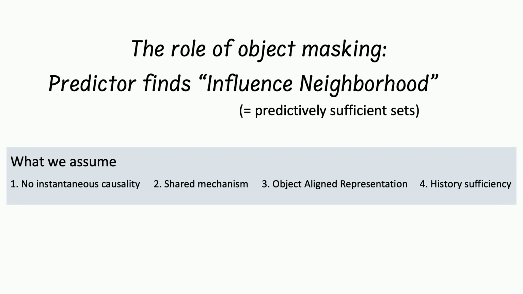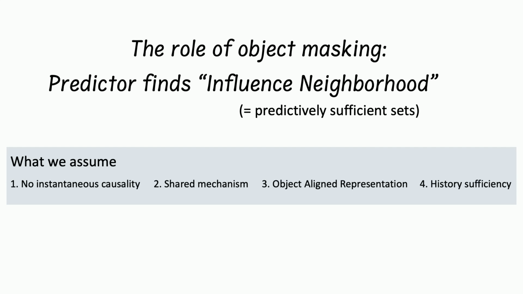The first thing is we do not assume there's an instantaneous relationship. The second assumption is that every training instance should share the same mechanism. For example, gravity should not change across videos. There's a governing rule applied to the whole dataset.